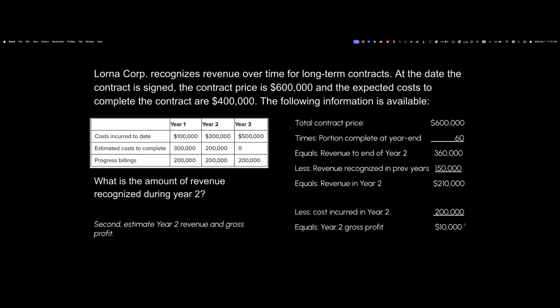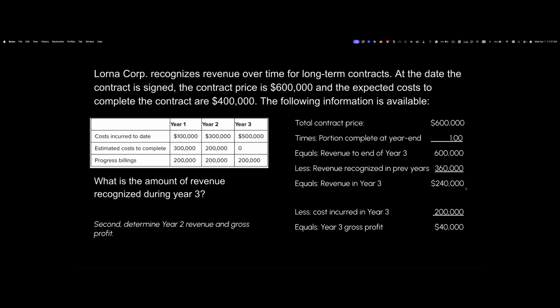Now let's move on to year three. In year three, we are 100% complete. So we recognize by the end of year three $600,000 of the $600,000 contract price, minus what we recognized in the prior years. That is the 150,000 in year one and the 210,000 in year two, which gives us 360,000.